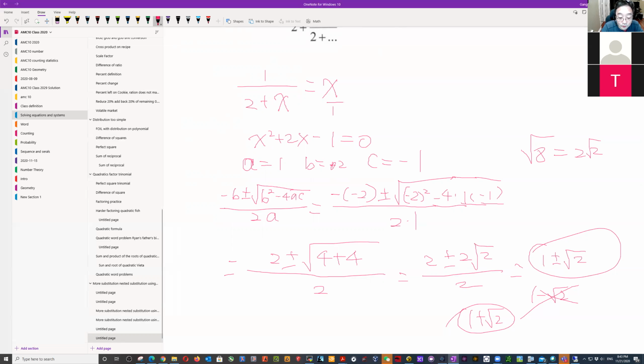And so b equals 2. So this is 2. This is 2. And everything else affects things here. So it's going to be negative 1 plus square root of 2. So this is where it's going to work.